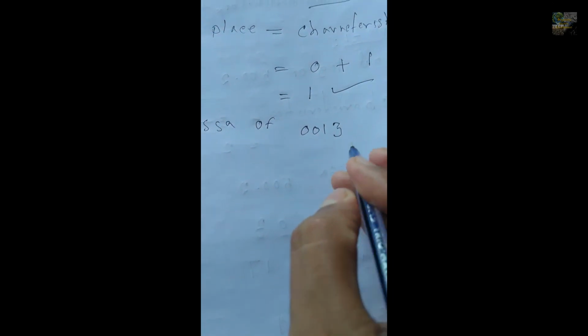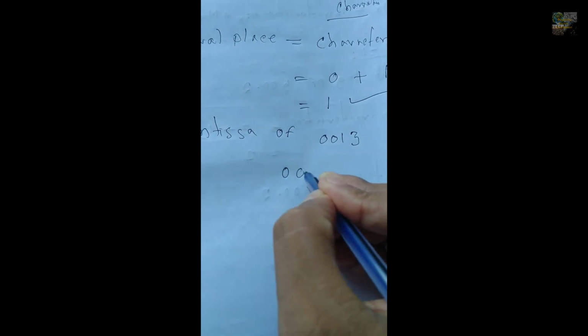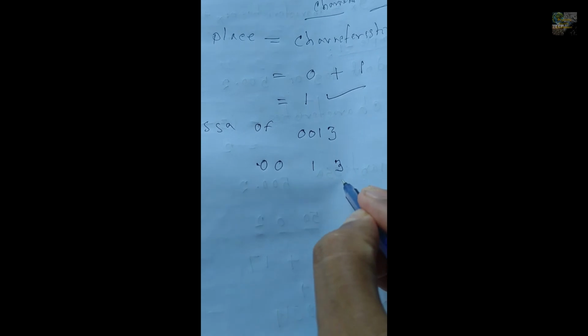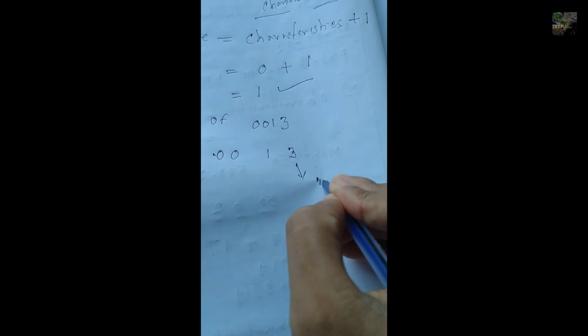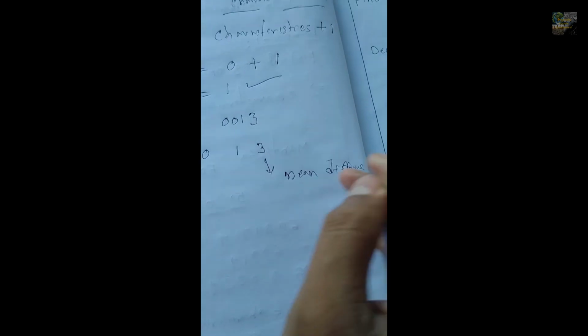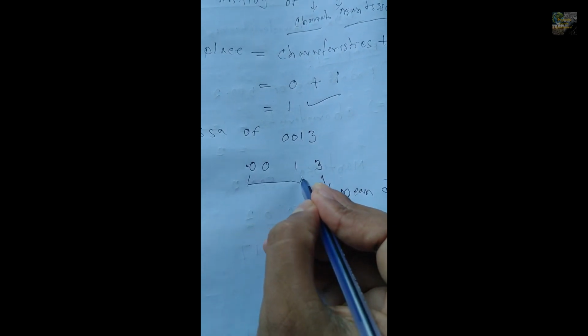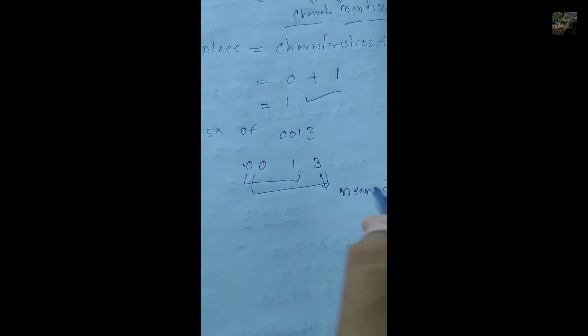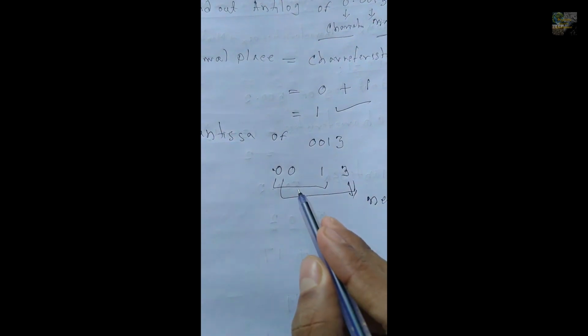That's why I am typing the format: 0.00 and 1, and 3. 3 is the mean difference, and 0.00 and 1 is the anti-logarithm row and column.